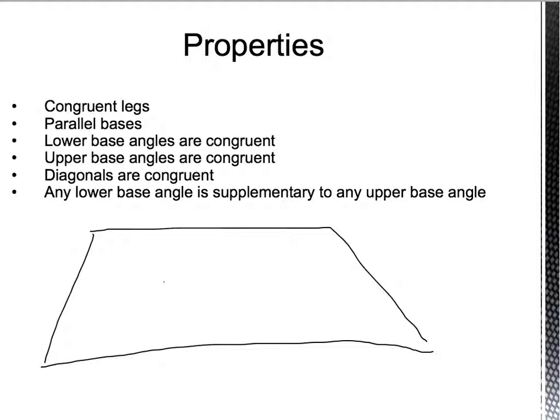These are the properties of an isosceles trapezoid. First, we have congruent legs. Next, we have parallel bases. Third, the lower base angles are congruent.